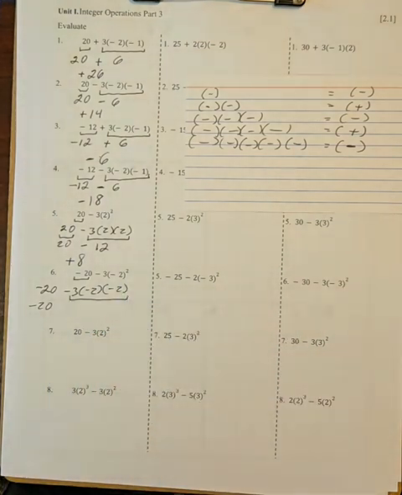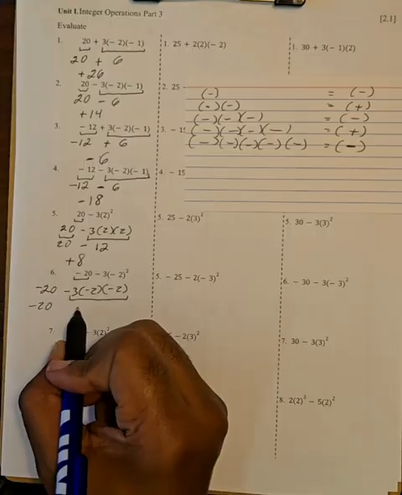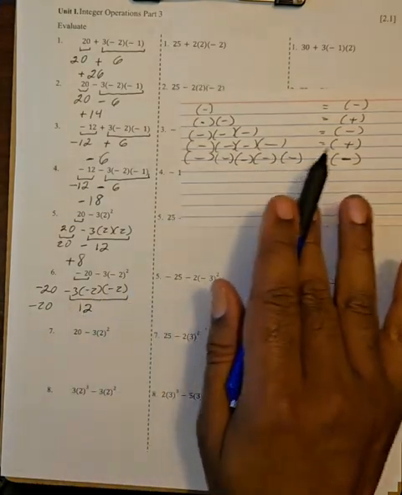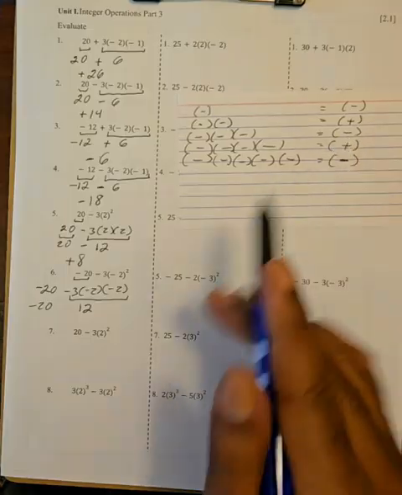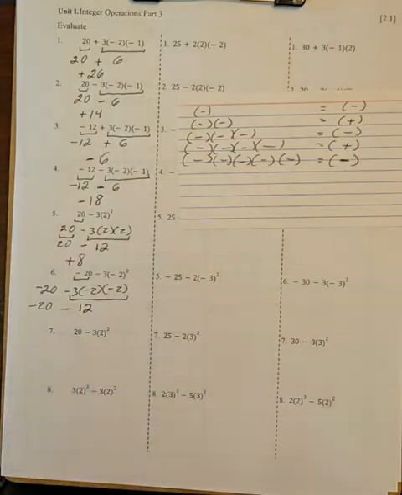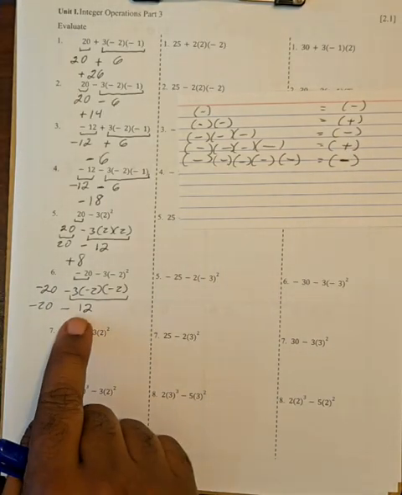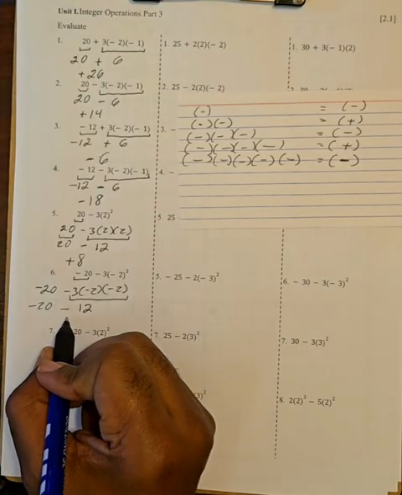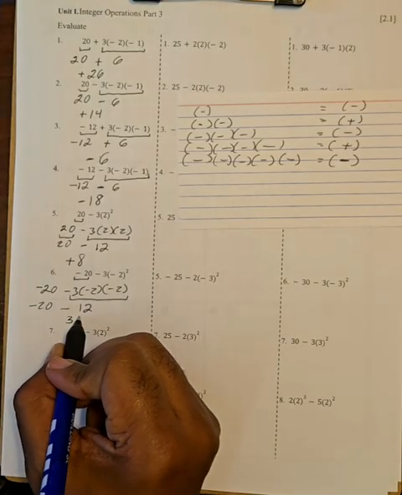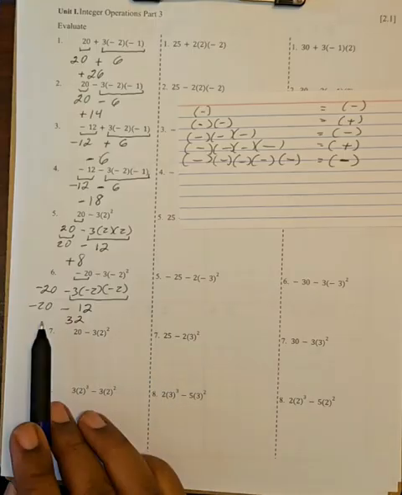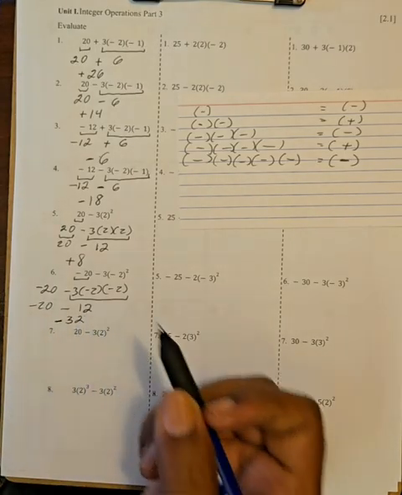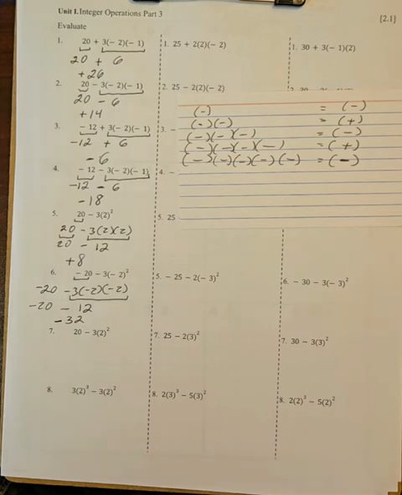We have a 3 times a 2 times a 2, which is a 6 times 2, which is 12. We have a total of 3 negatives. 3 negatives when multiplied gives you negative. So this will be negative there. Now we have same signs. Same signs are going to add. So 20 and 12, when those are added, we're going to get 32. The bigger sign wins, so 20 is bigger, so we'll use the negative from the 20, and that'll be a negative 32.